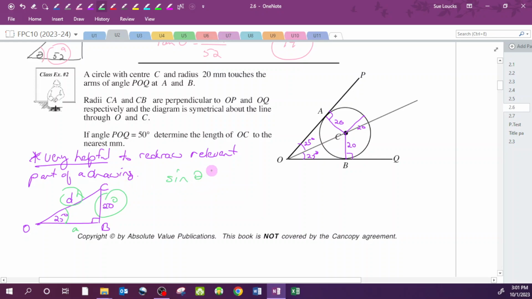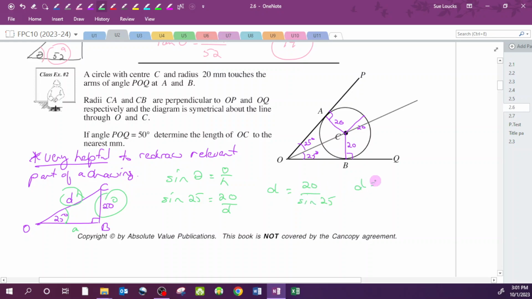So we've got sine theta equals opposite over hypotenuse. So sine 25 equals 20 over D. So D equals 20 over sine 25.